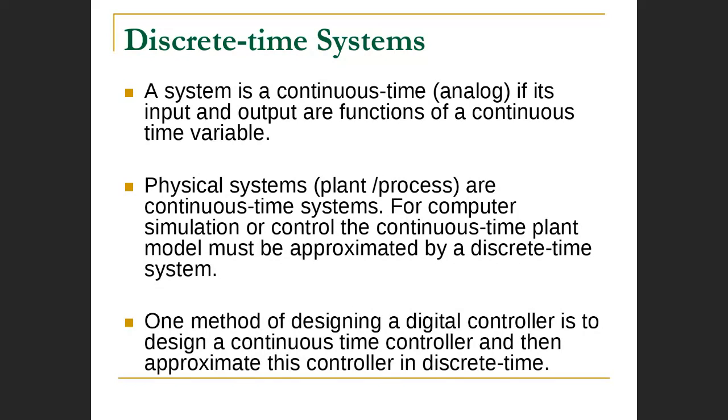A system is a continuous time system if it's analog, right? And here we're talking about the variations of the variables having a continuous variation. There's no breaking; there's a continuation in the variation. That's what we call analog systems or continuous time systems.